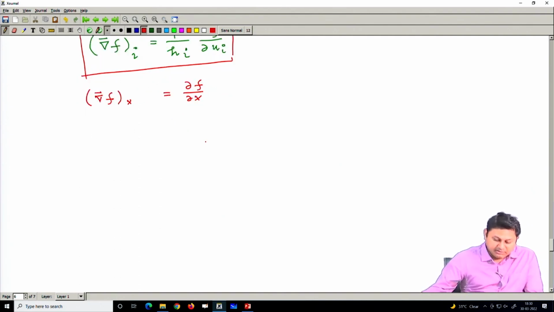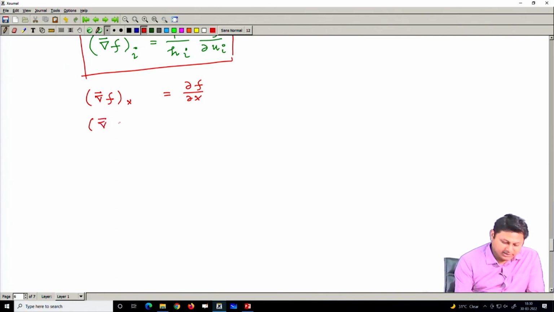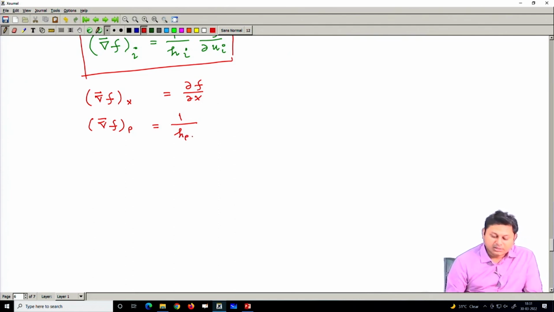Now, similarly, if I want to find this in another coordinate system, like rho phi z, I need to find the h factor of rho and then the function differentiated by rho.